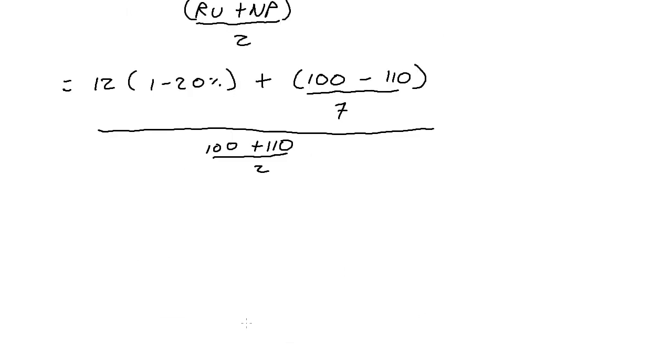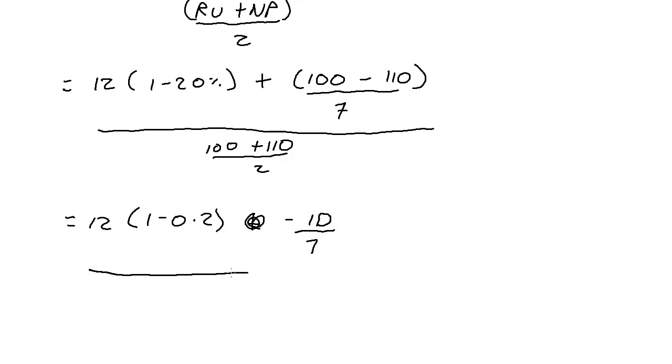Now we can solve further. It's going to be 12 open bracket 1 minus 0.2 plus 100 minus 110. Perhaps I should not have written plus. It's going to be minus 10 upon 7. And this whole thing is going to be 210 upon 2.